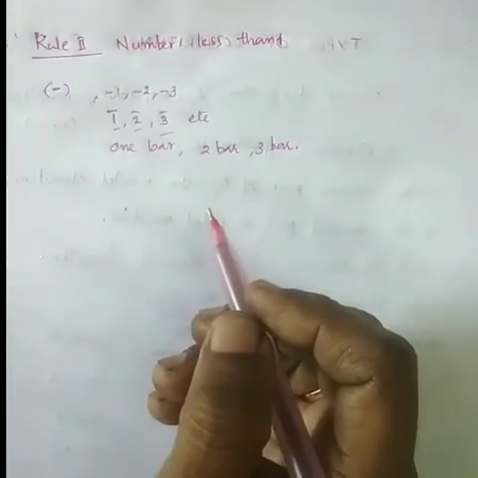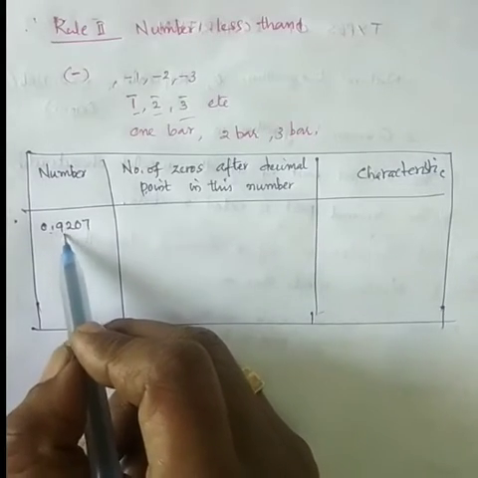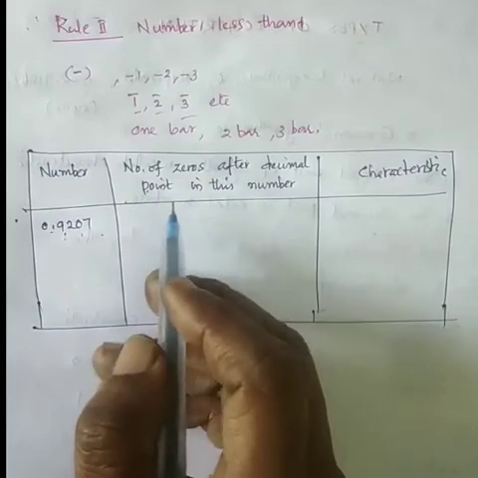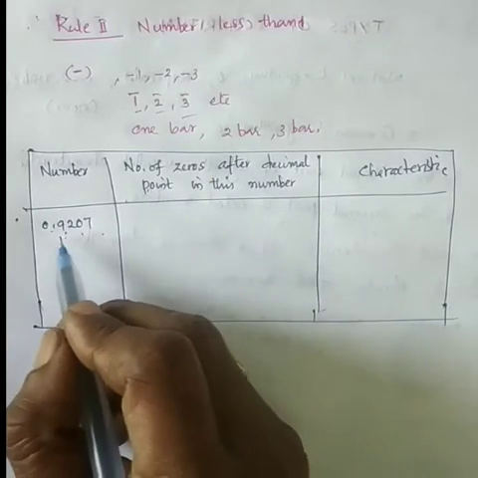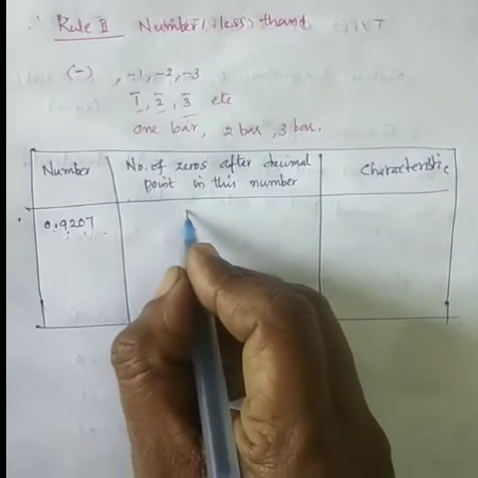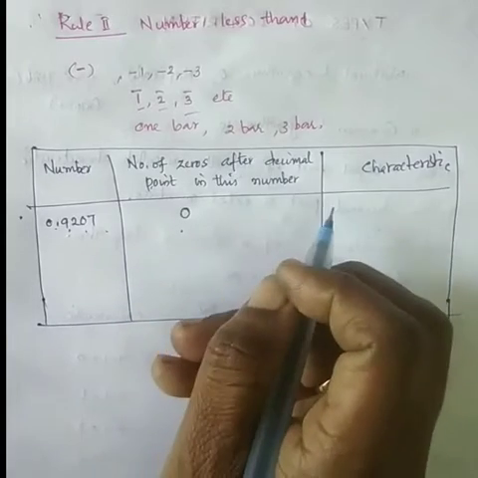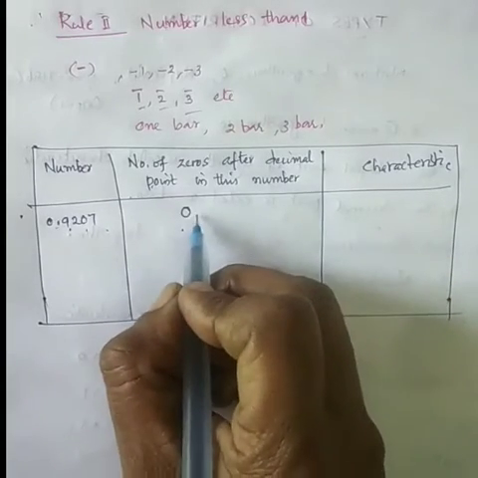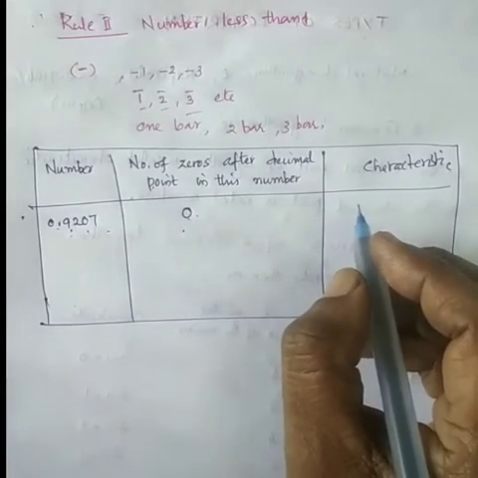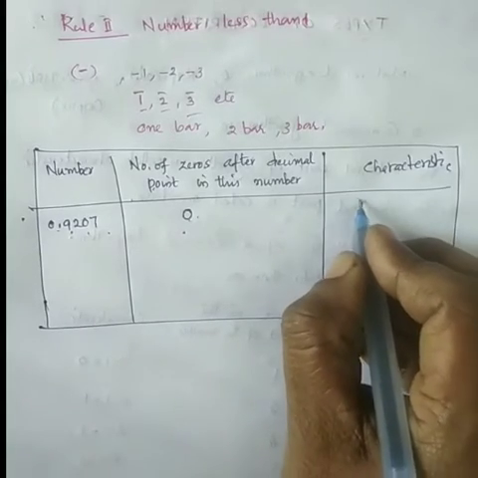Okay, see some examples. Let's see, the number is 0.9207. In this number, how many zeros are after the decimal point? There are no zeros. So the number of zeros after the decimal point is 0. How do we write the characteristic? We add 1 to this number. 0 plus 1 is 1. So the characteristic is 1 bar.